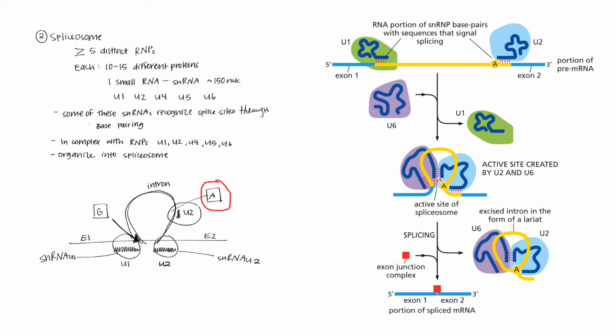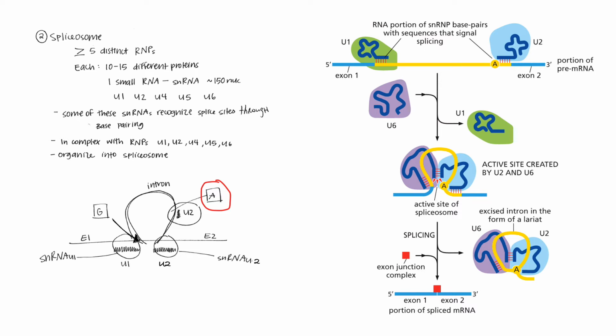So what I'm showing you down below is a very simplified version, but just to kind of get us started, the border between exon 1 and the intron is bound by the ribonucleoprotein complex U1, due to base pairing with the U1 RNA. That's how it gets located at that precise position.